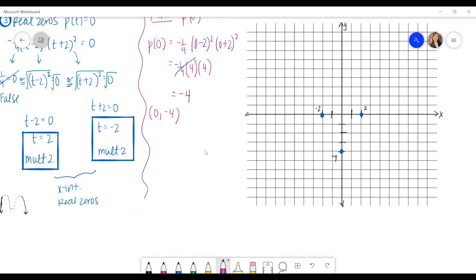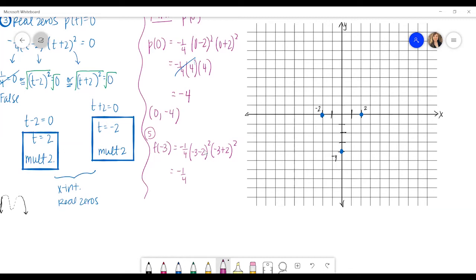So if we pick some points, maybe to the left of -2, we can try -3. So p of -3, this would be step 5, other points. You've got -1/4, -3 minus 2 squared, -3 plus 2 squared. So you've got -1/4.